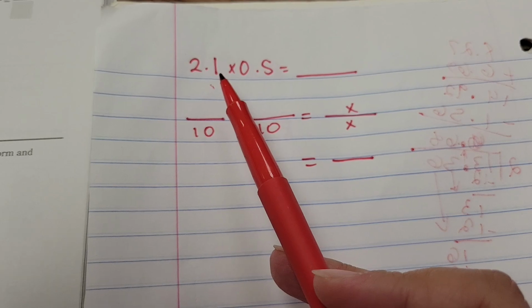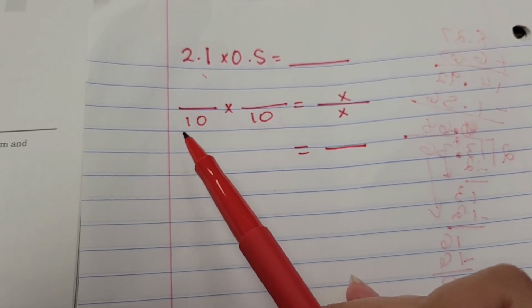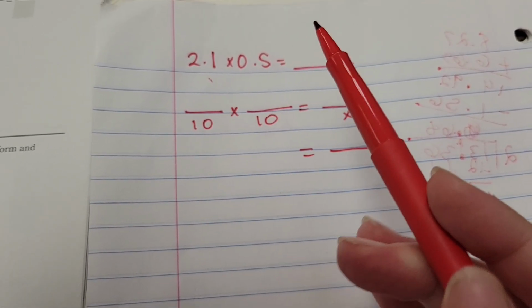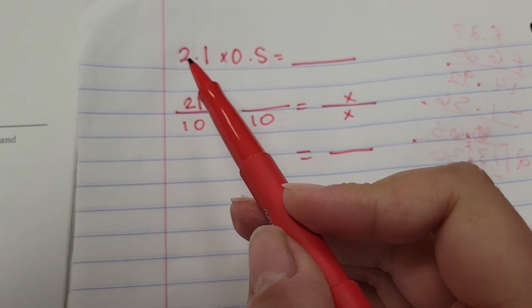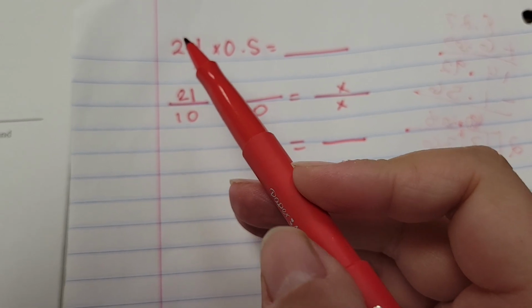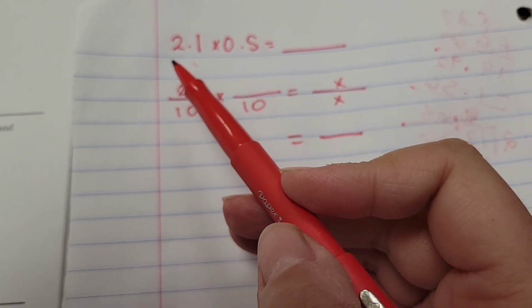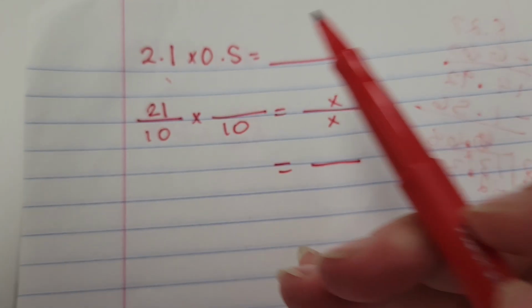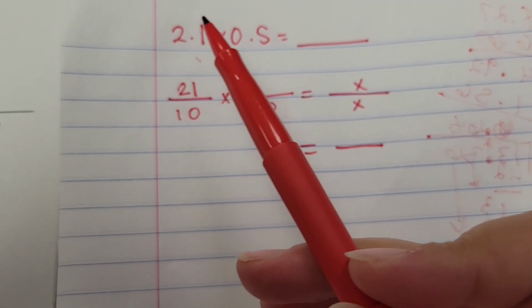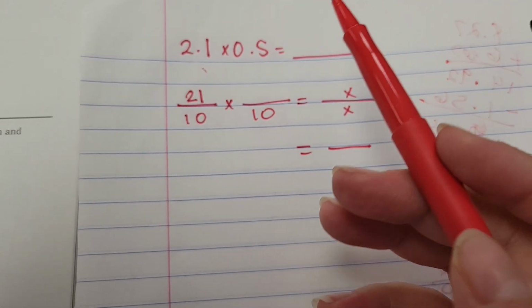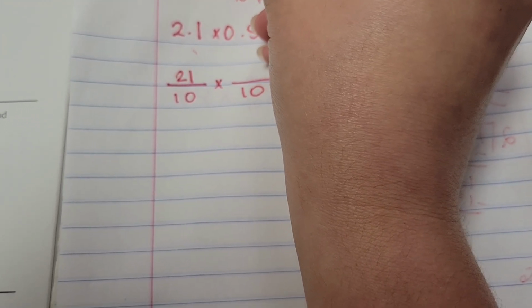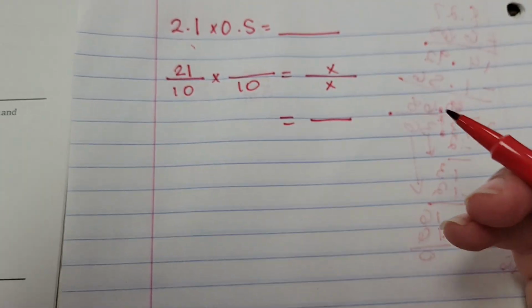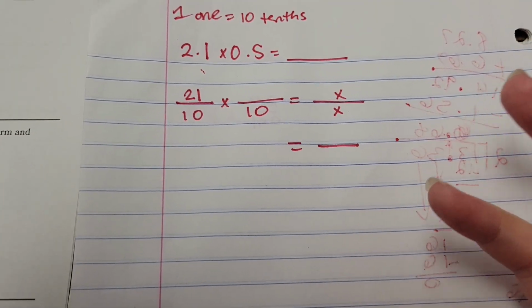Now my 1 is in the tenths place, which they've already provided. So I'm going to write my numerator as 21. And I know this because two ones can be moved into the tenths place because 1 equals 10 tenths, and because I have 2 ones, I have 20 tenths.